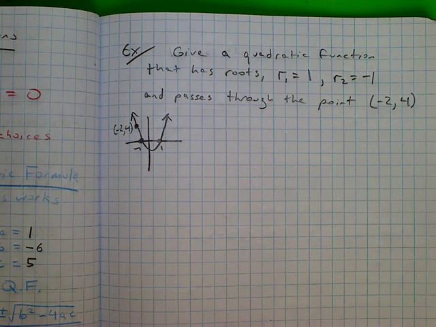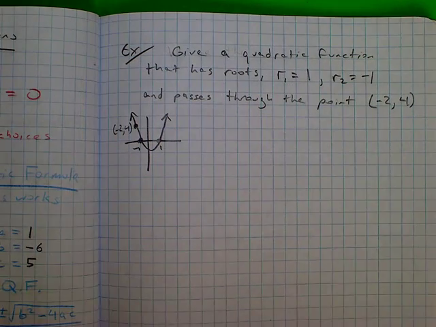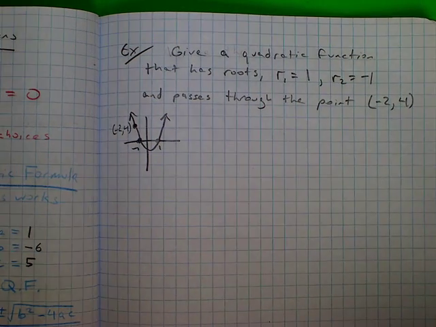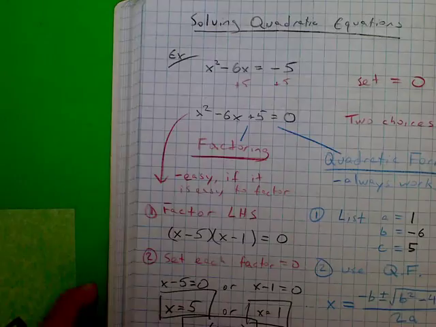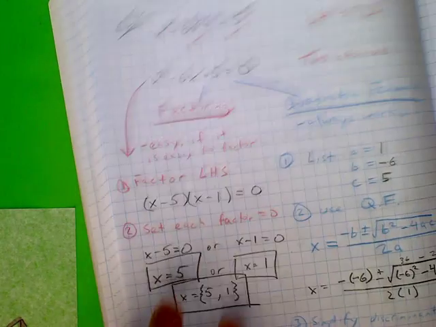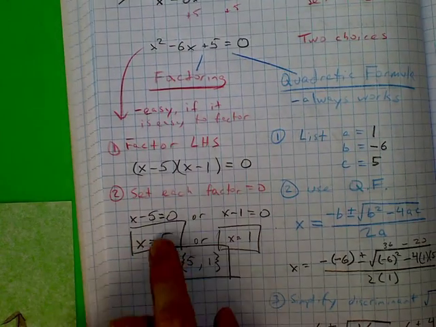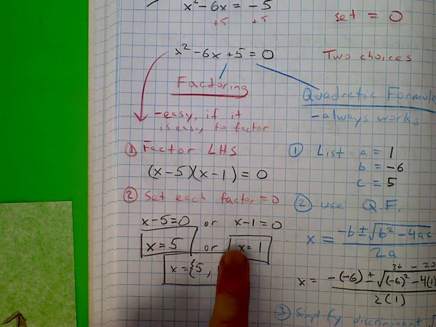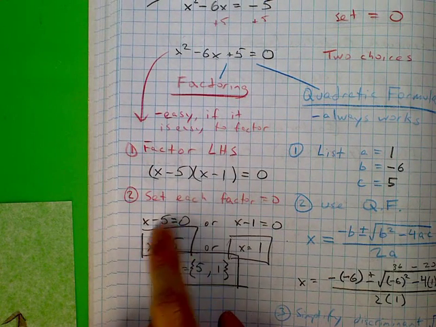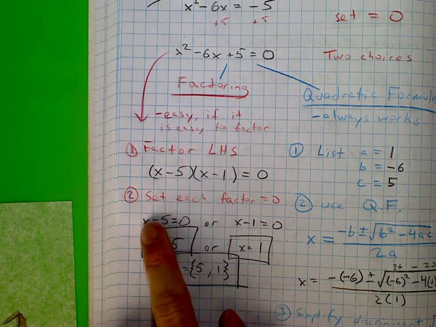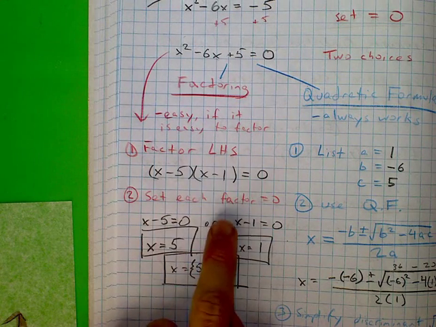Because I know the roots, let's try and work backwards here. So let's look at what we did on the page before. Because I know the roots, I might be able to use the roots to write the factors, right? Let's say I solve this by factoring.